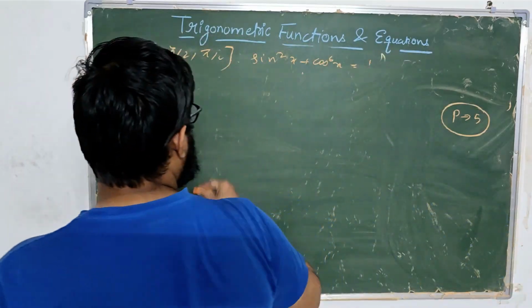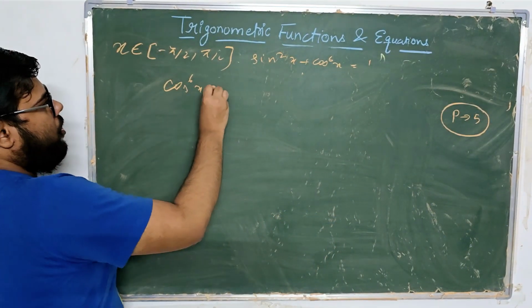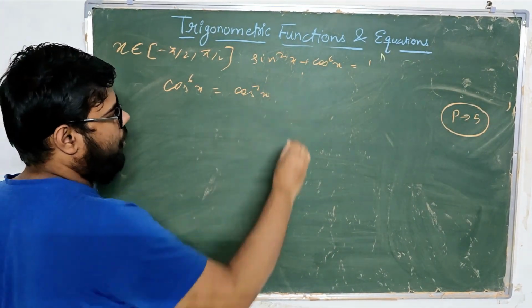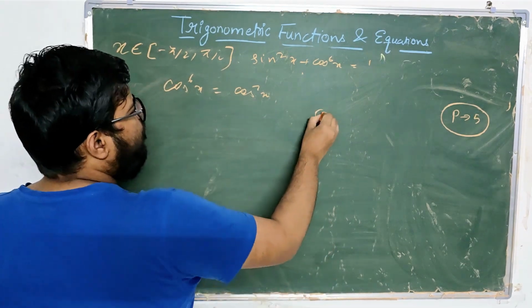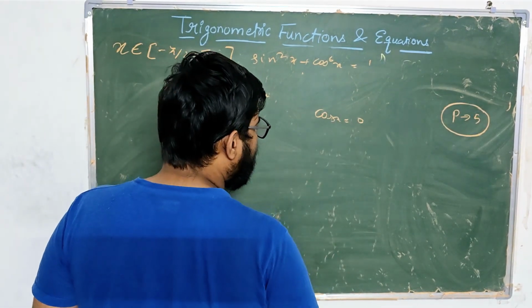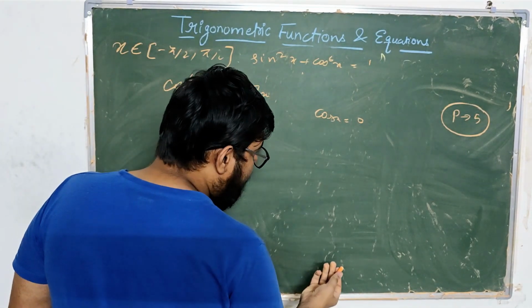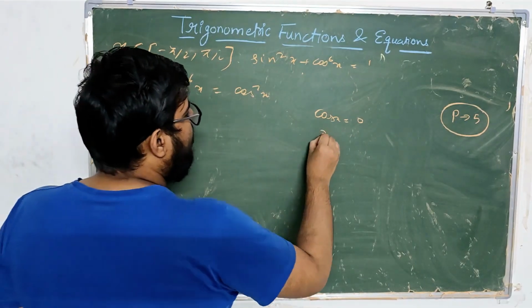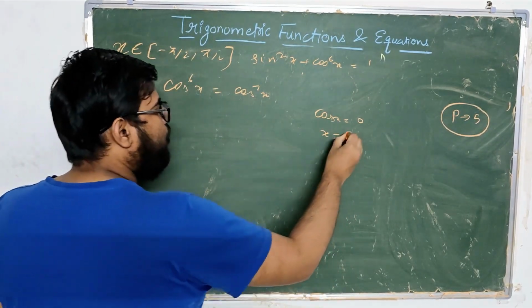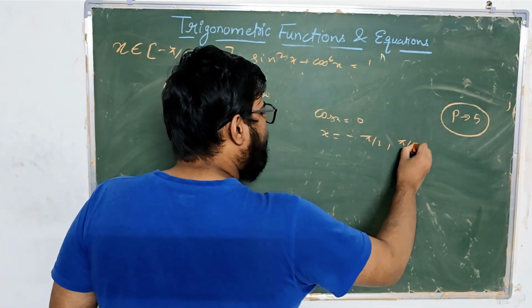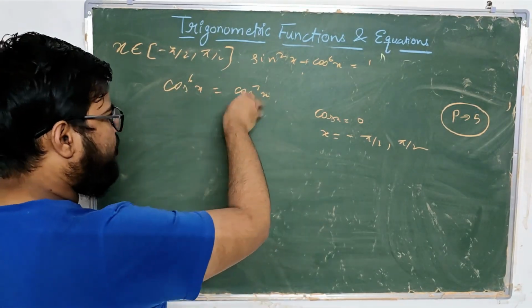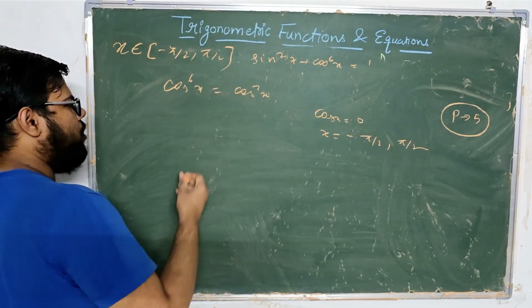So clearly cos raised to power 6 is equal to cos square x, right? That's it. So now cos x either can be 0, which means that x can be negative pi by 2 or pi by 2, correct? Right.